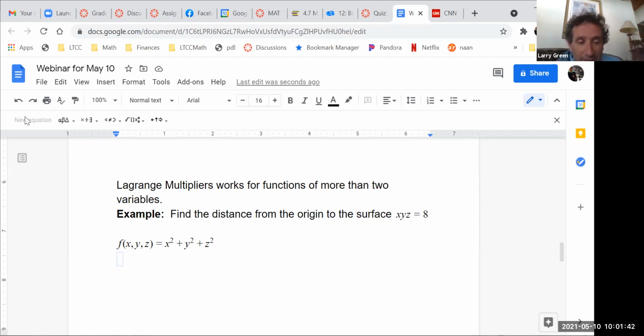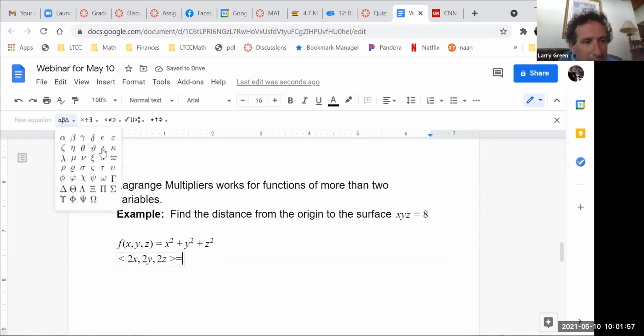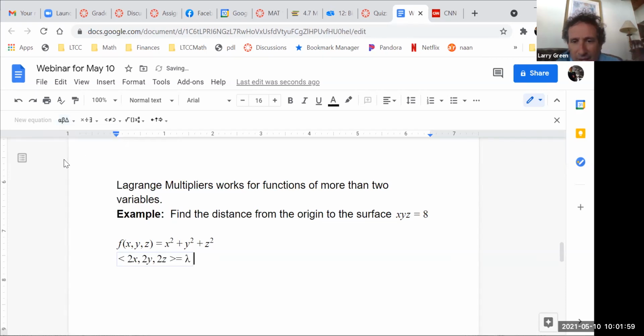We take the gradient of f. That's going to be 2x, 2y, and 2z. Hopefully it's easy for you too. We set that equal to lambda times the gradient of xyz minus 8 equals 0.